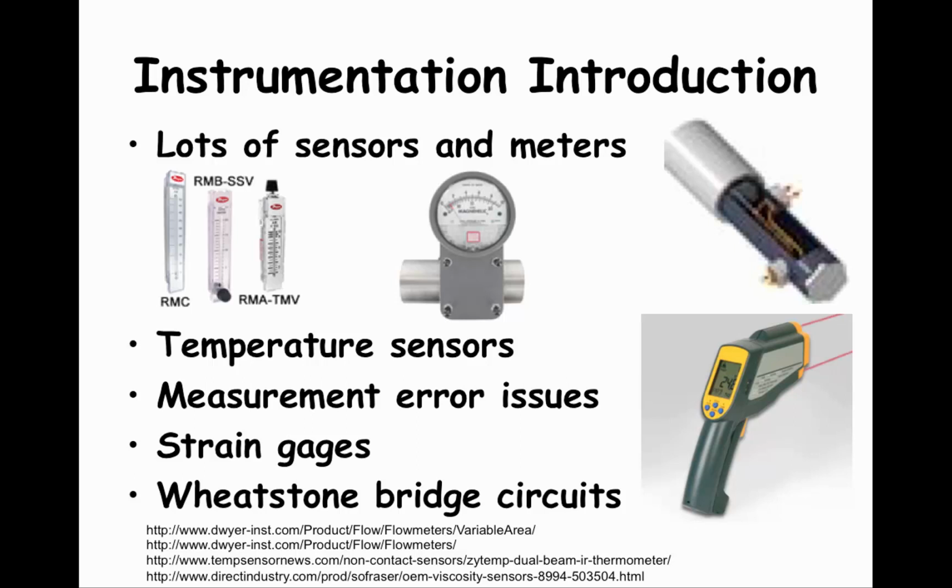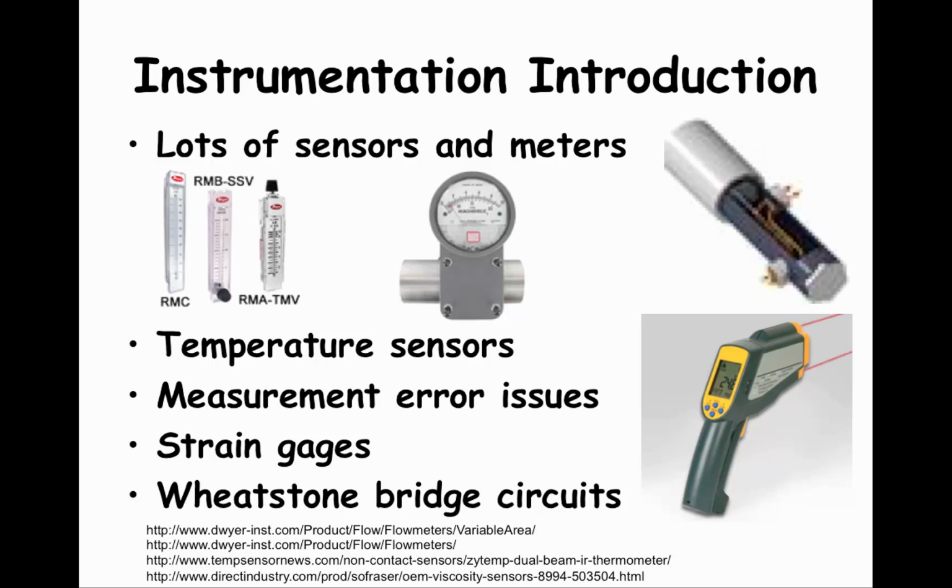The idea is that if you can figure out one type of sensor, you can figure out any other sensor we needed. So we will cover a few representative sensors with the concept that if you understand the principles behind them, you can figure out other sensors too.